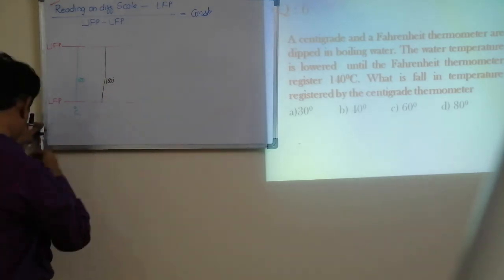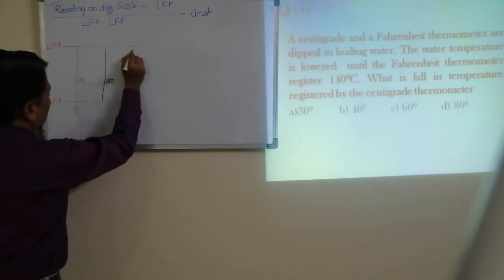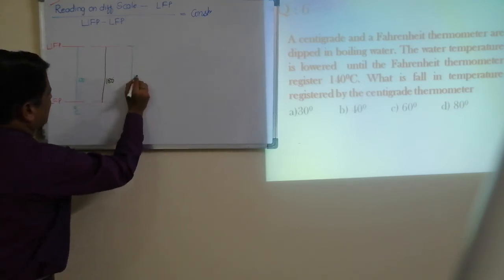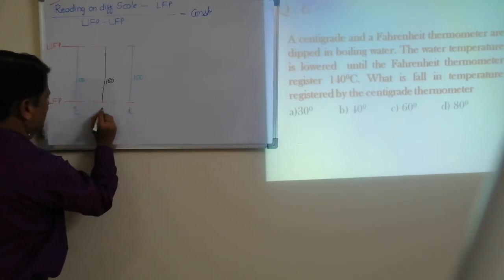In the case of the Kelvin scale, there are 100.